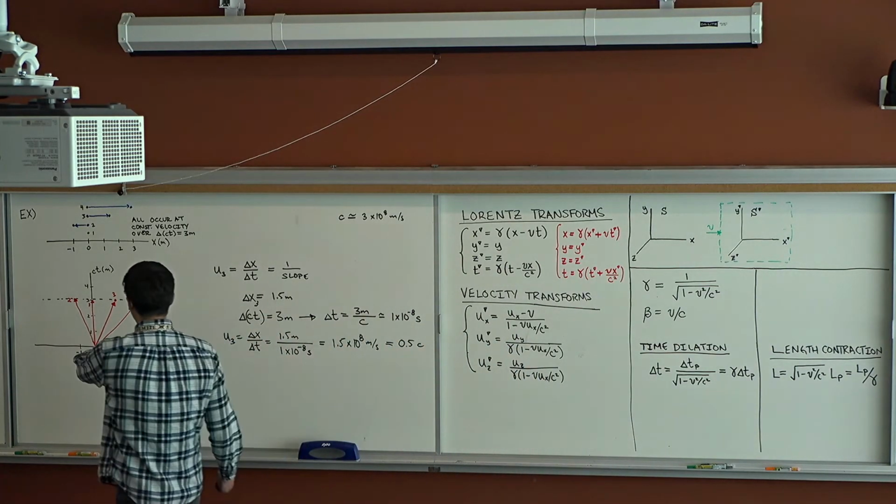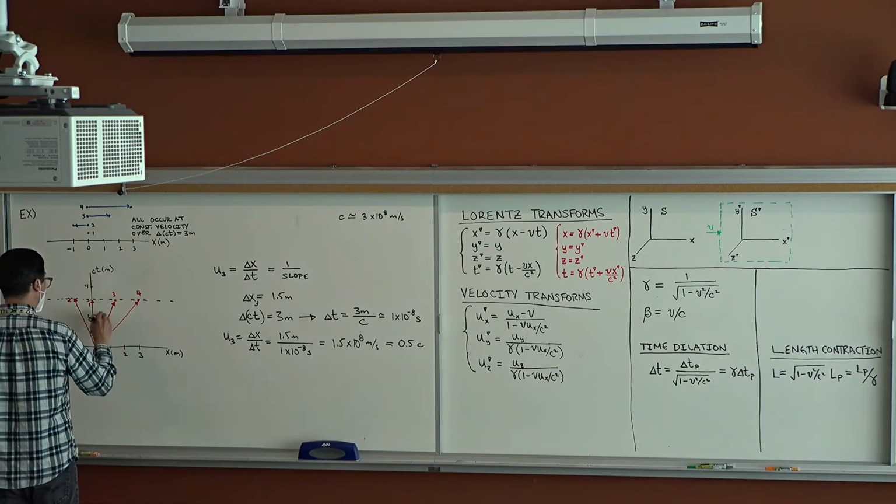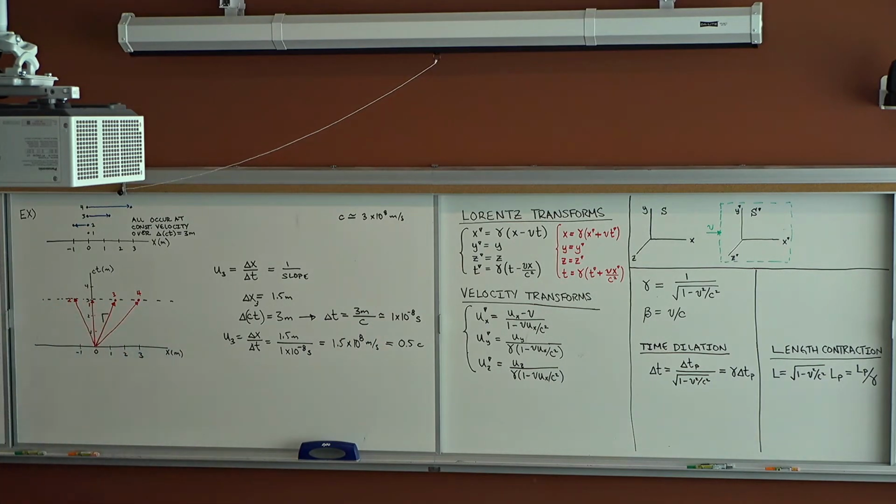What is the slope of this line? The slope should be 3 divided by 1.5. It is 2.